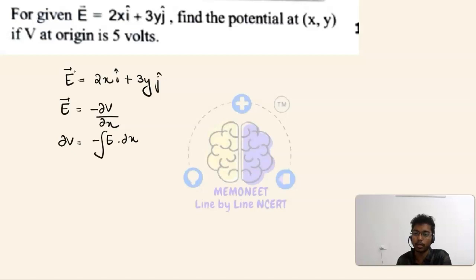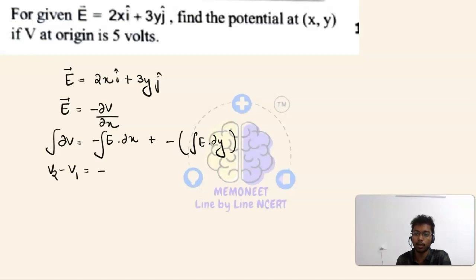On integrating this, we have minus integration of E dot dx and minus integration of E dot dy. So V2 minus V1 is equal to this integration.